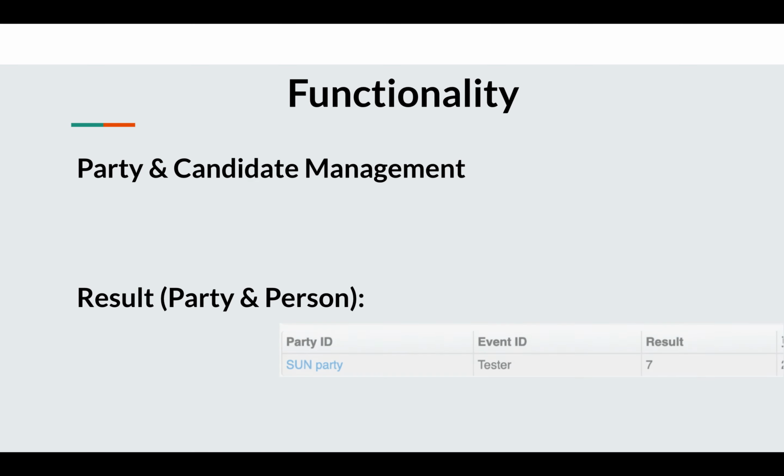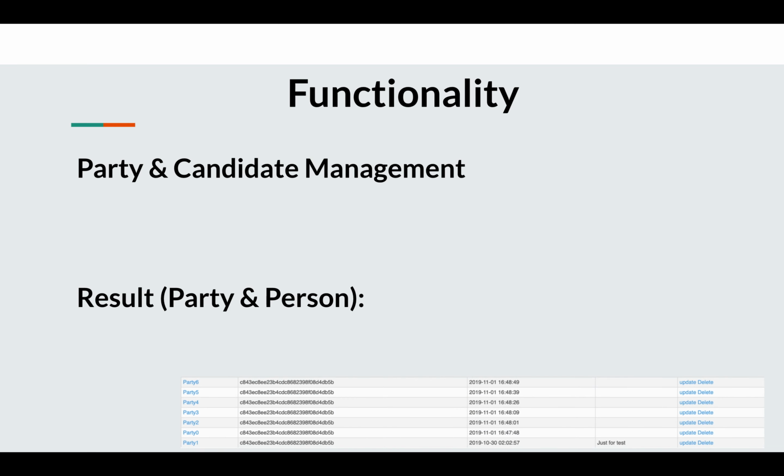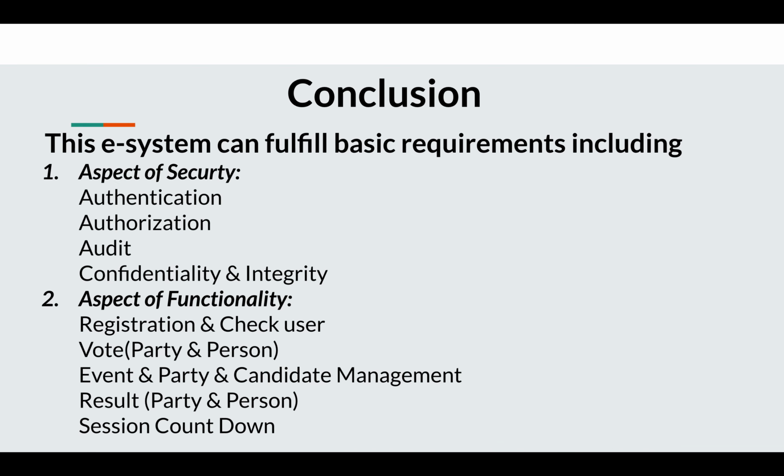In conclusion, there are two main aspects we focus on in this system, including the aspect of the security and functionality. In the aspect of the security, we implement the requirements of authentication, association, audit, and confidentiality and integrity.